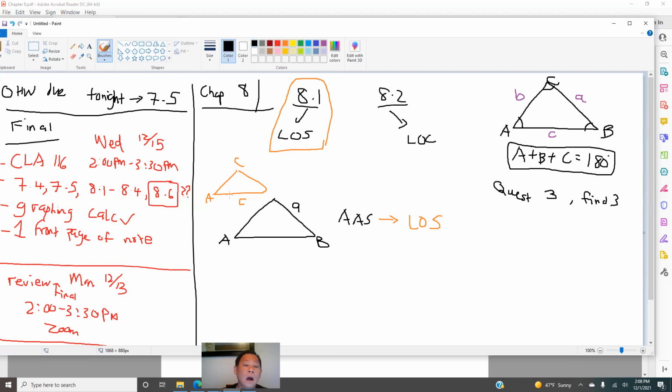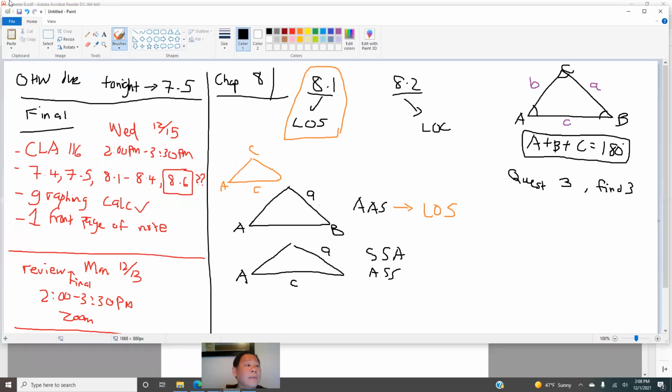Okay. If the question provides us an angle and a side and a side, we call it side angle, or angle side, which I do not want to use because it's bad to write that.